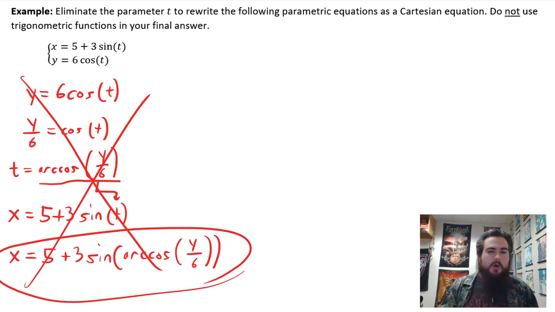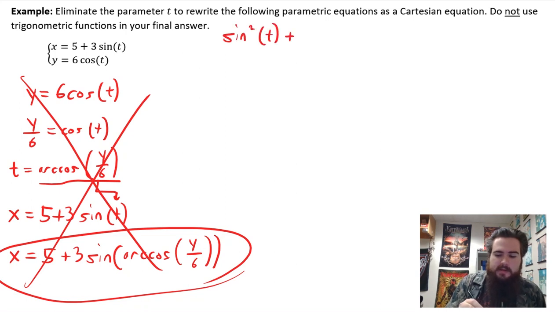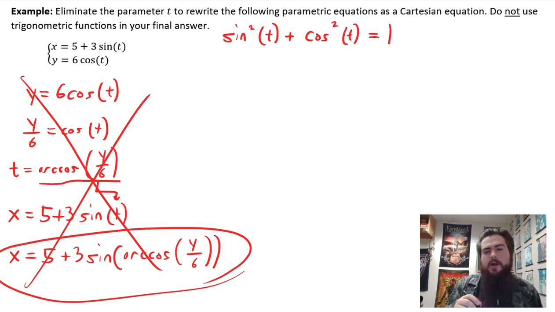Instead, if you notice, for both x and y, we have sine of t and we also have cosine of t. One thing that we can do is to try to use identities that can help us connect sine and cosine. For example, one identity that we could use from the past, the Pythagorean identity, is sine squared of t plus cosine squared of t is equal to 1.